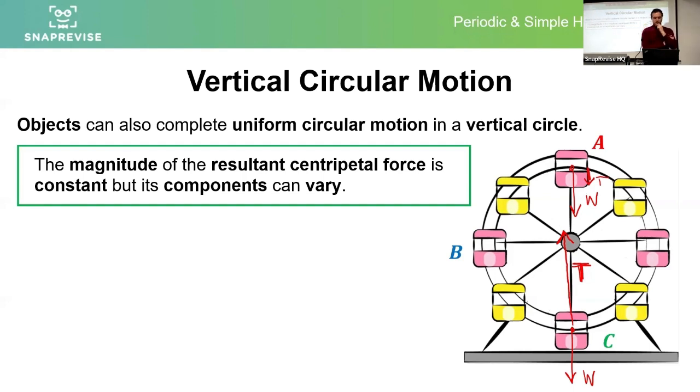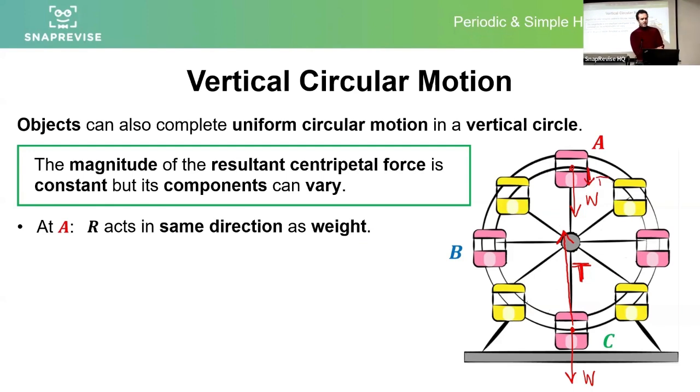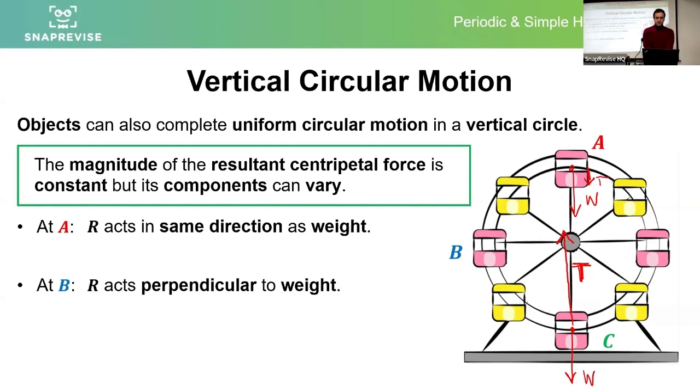So at this point in the green box, the magnitude of the resultant centripetal force is constant, but its components vary. Okay, so at A, the normal contact force, the tension, acts in the same direction as the weight. I've labeled it as T here, but let's change it to R.